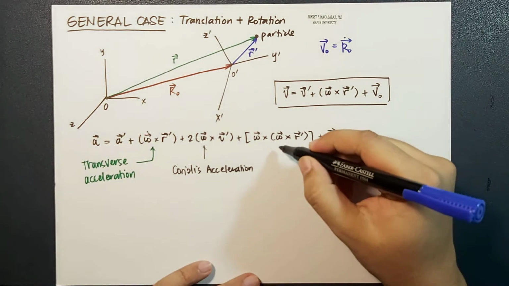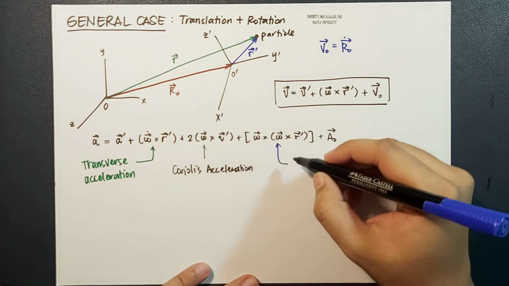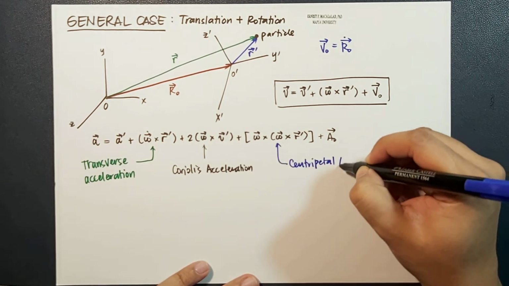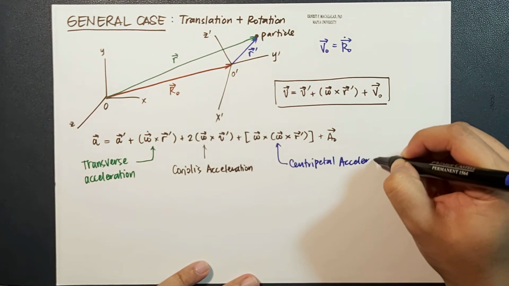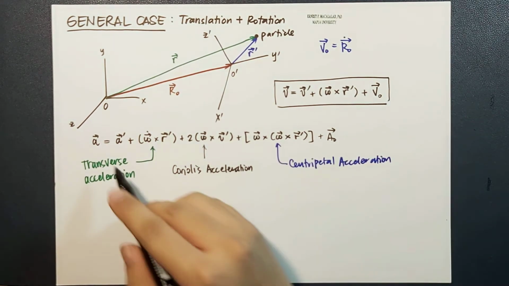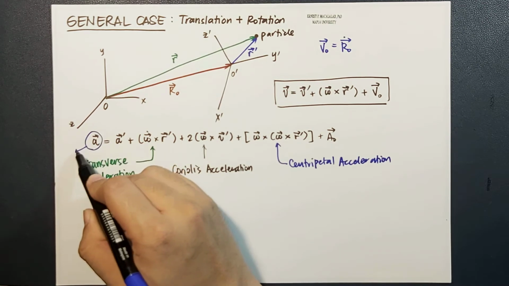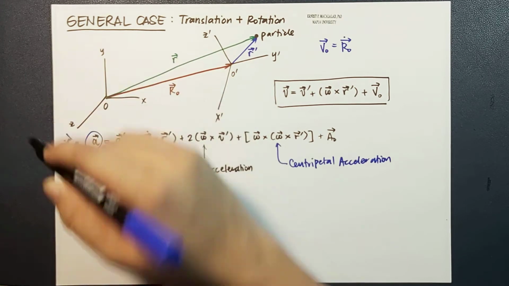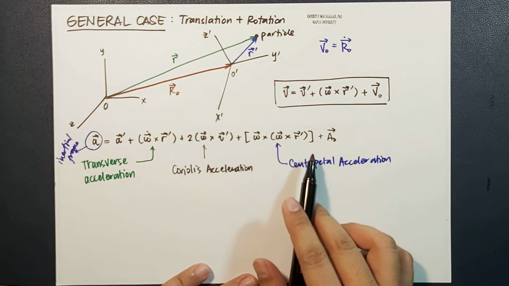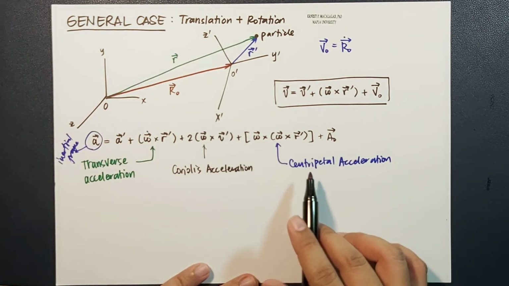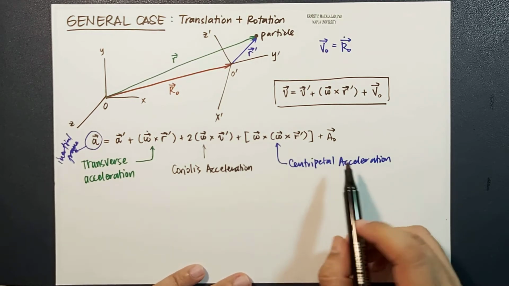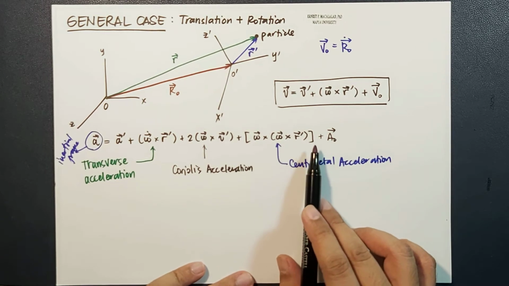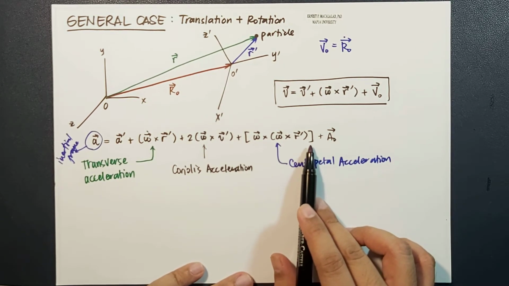And lastly, this term is what we call the centripetal acceleration. Remember, this is being observed by an inertial frame. So in the inertial frame, you will be able to notice the centripetal acceleration given by this equation. Yes, this is the same centripetal acceleration that you learned in your Physics 1.